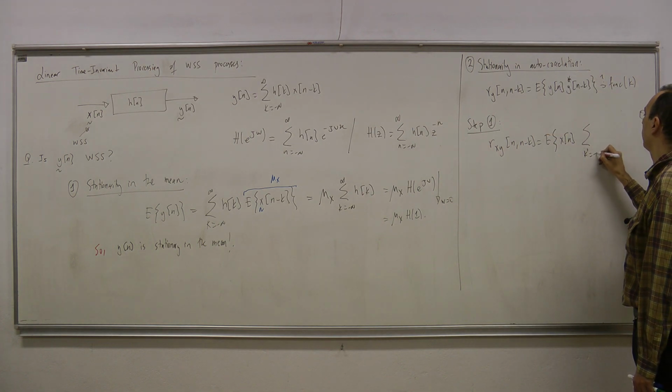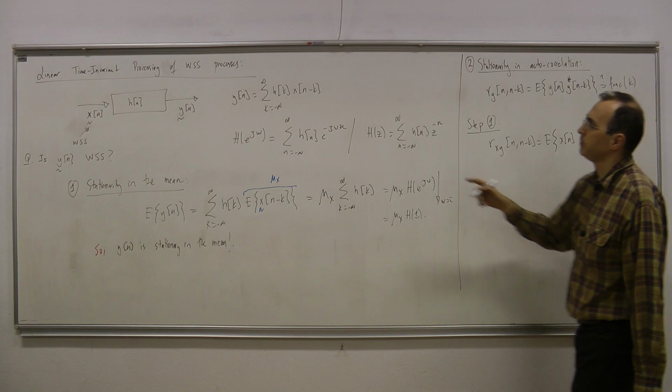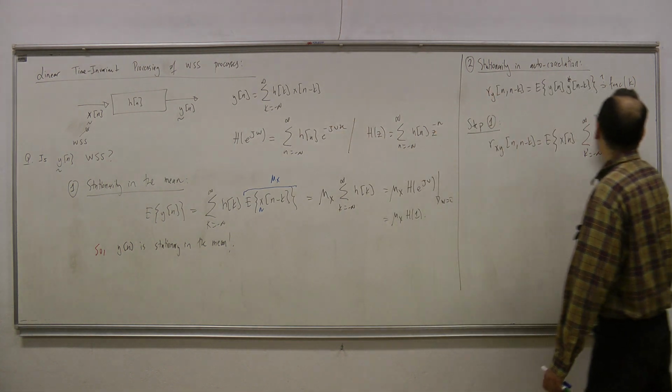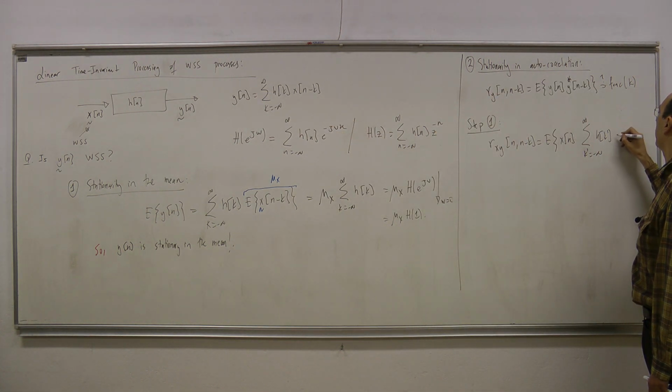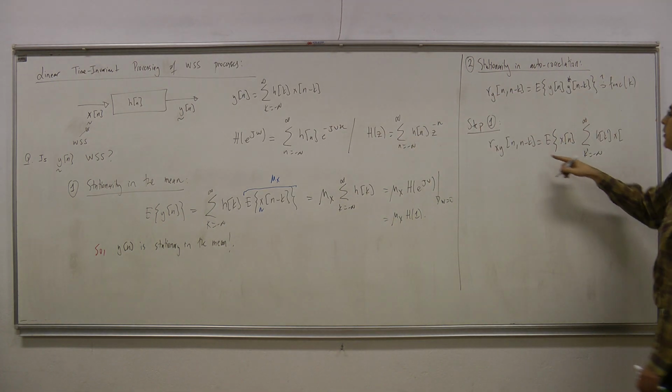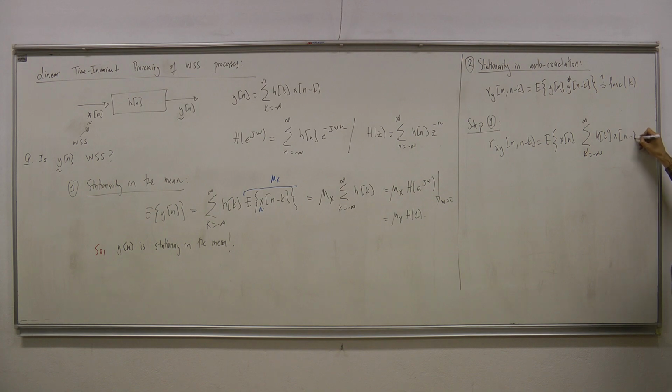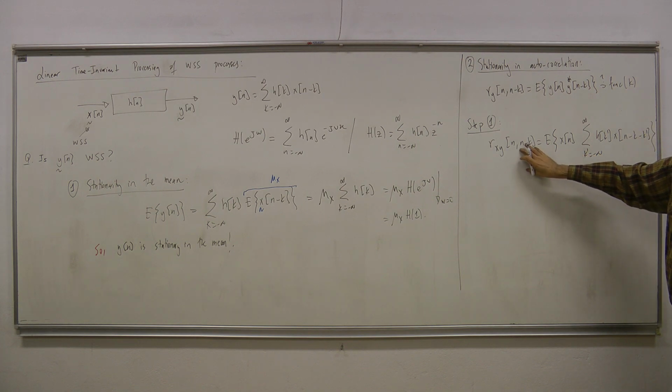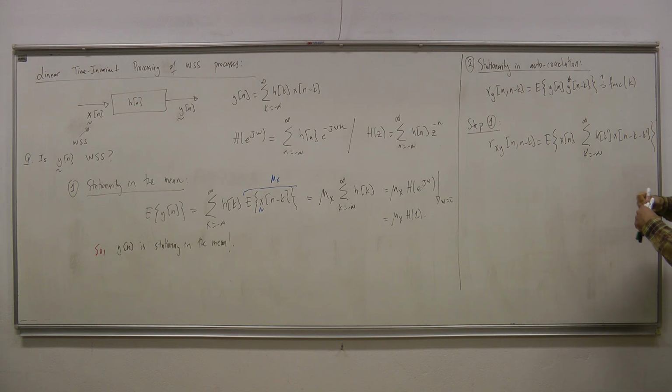This is k prime. Then h of k prime times x of n minus k prime. Okay, because this is y of n minus k.